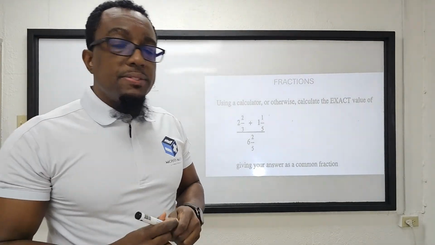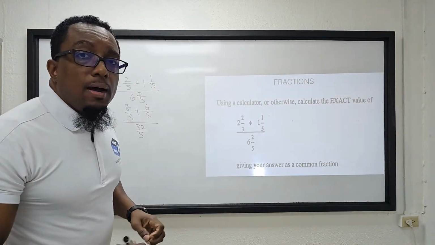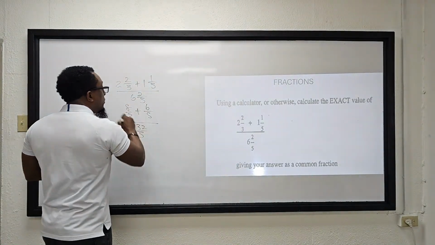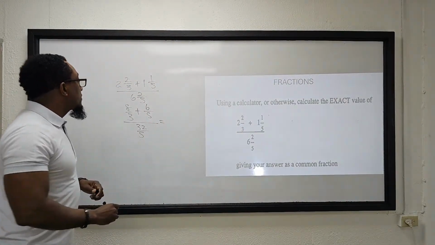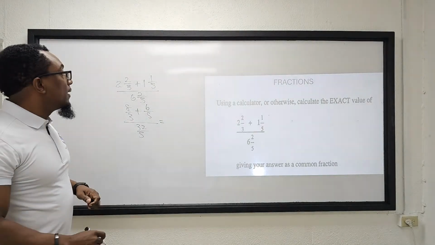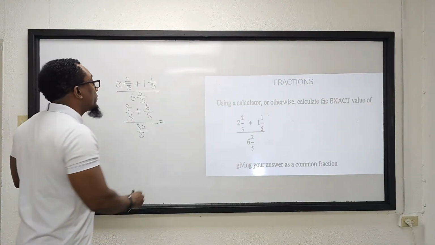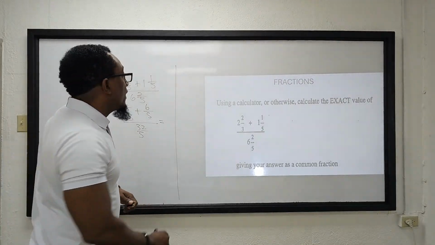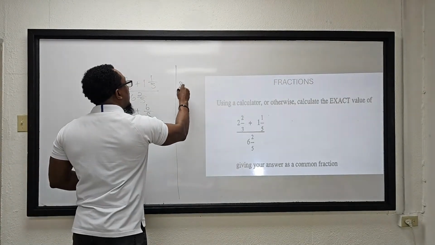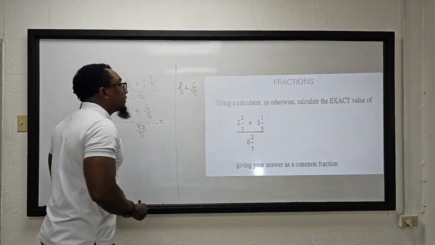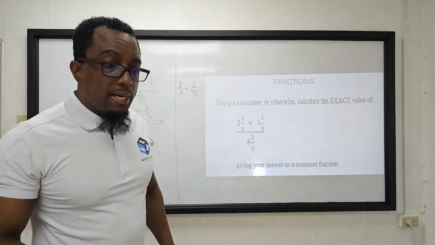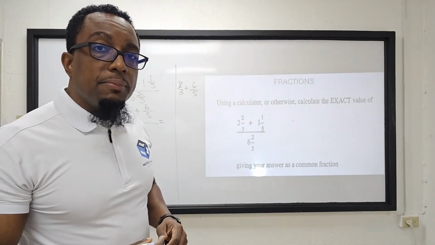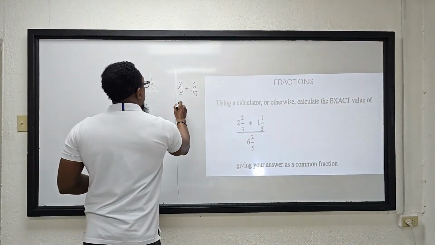What we want to do next is to work out what we have in our numerator. In our numerator, we have 8 over 3 plus 6 all over 5. I'm just going to create a working column here, and I'll place 8 all over 3 plus 6 over 5. When we are adding or subtracting fractions, the first thing we need to do is to find the LCM.